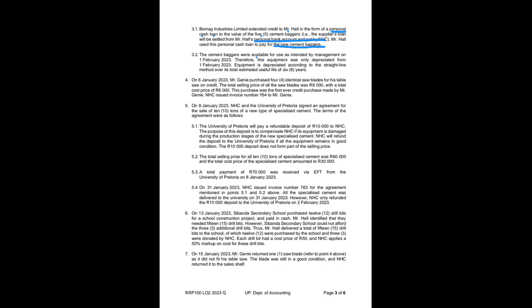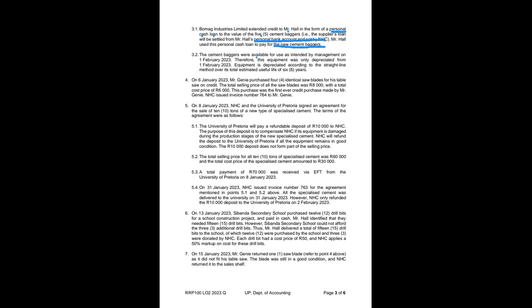It had nothing to do with NHC until 3.2, because in 3.2 we now find that these baggers are being used by management from the 1st of February. Therefore, the equipment should only be depreciated from the 1st of February. The equipment is depreciated on a straight line basis over 6 years as its useful life.